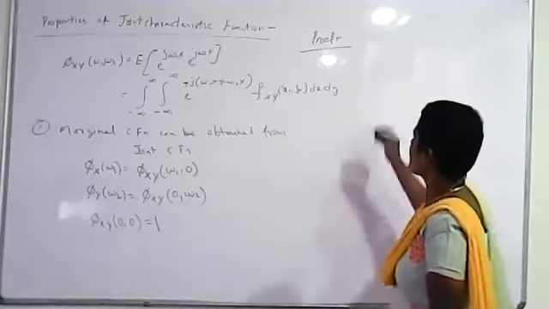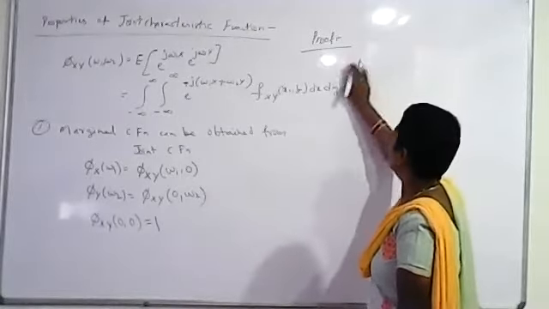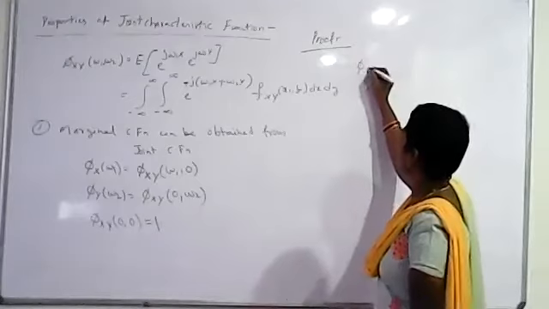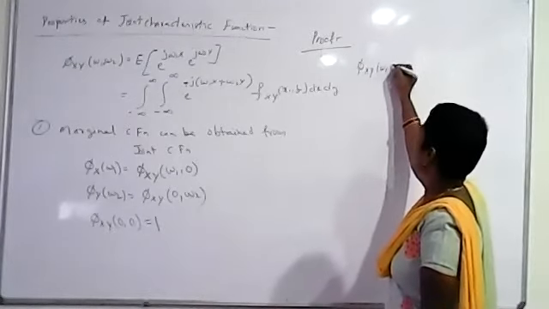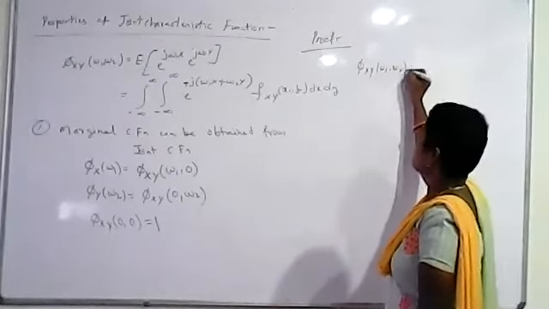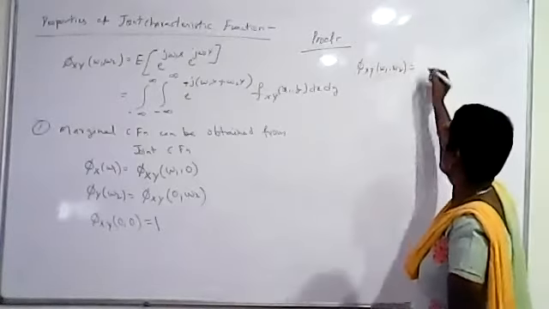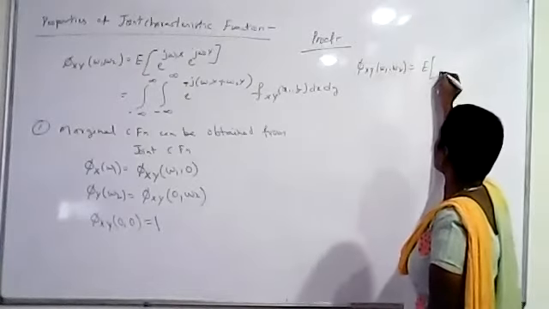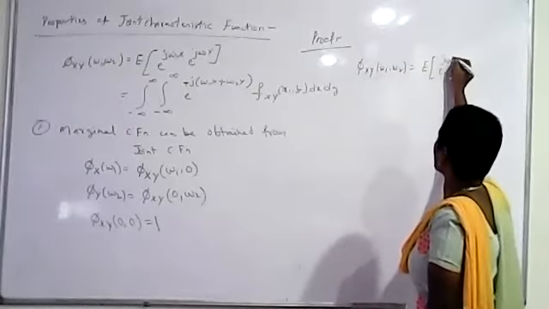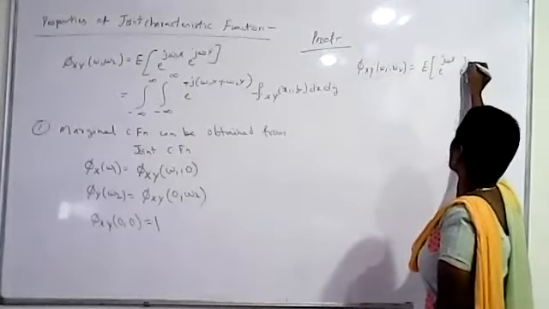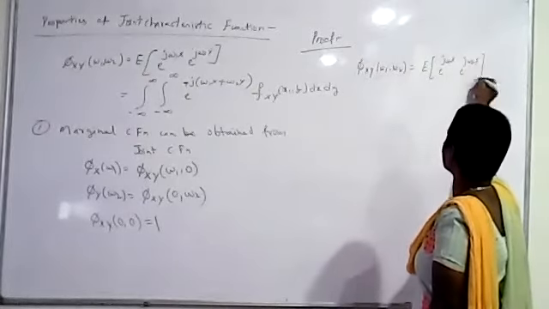Okay. So we know that phi xy of omega 1 comma omega 2 is the expected value of e power j omega 1x, e power j omega 2y.